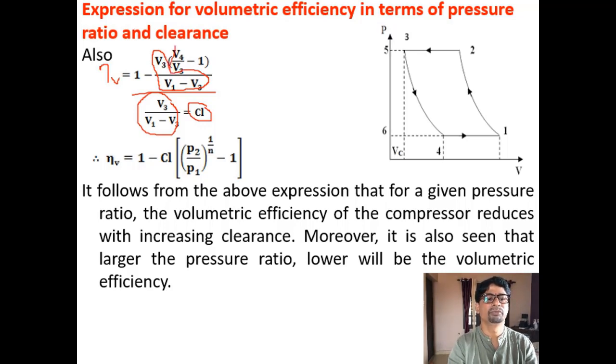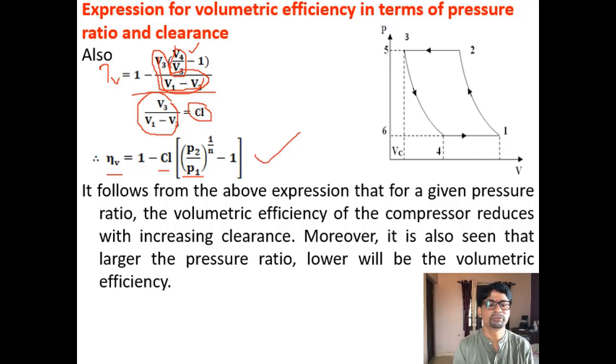And this V4 by V3 is nothing but P2 by P1 to the power 1 by n from the previous slide. So what you get is eta V is equal to 1 minus CL, in place of V3 by V1 minus V3 you have CL, and the numerator is remaining with V4 by V3, which is nothing but P2 by P1 to the power 1 by n, minus 1. This is the expression for volumetric efficiency in terms of pressure ratio and the clearance.